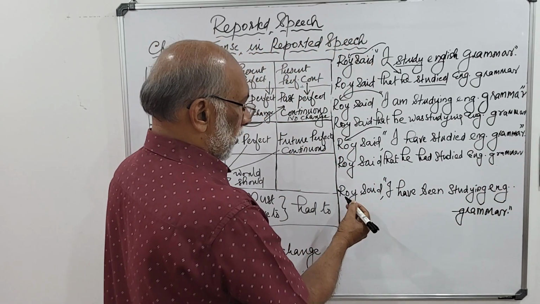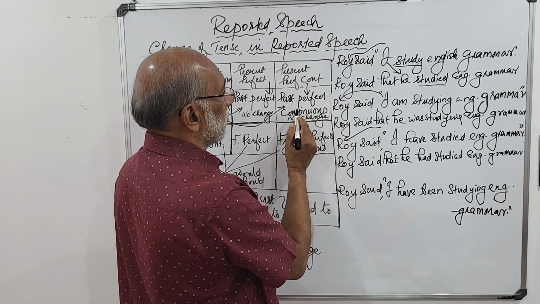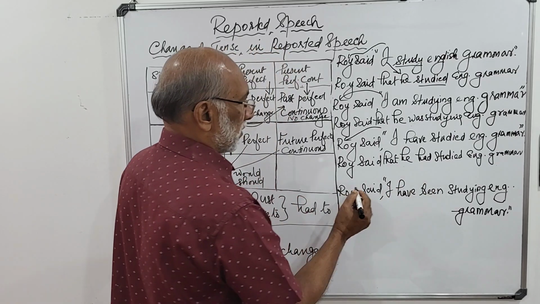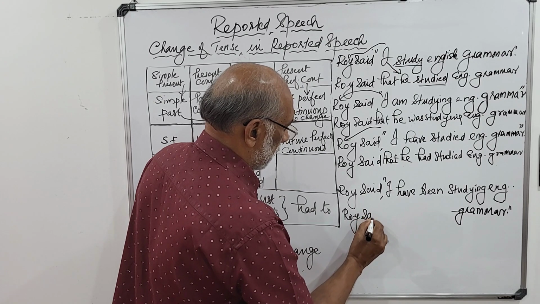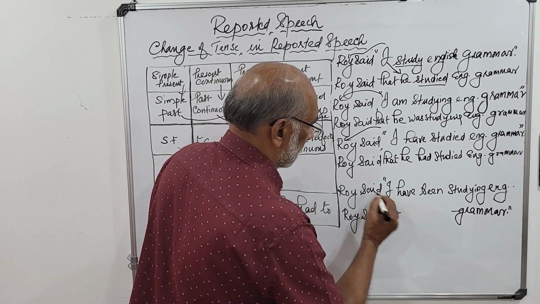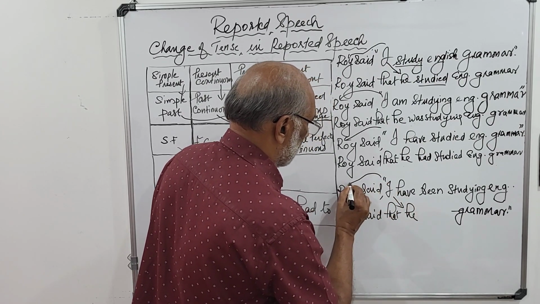And last one, present perfect continuous. Present perfect continuous becomes past perfect continuous. Let's write. Roy said that, again this I becomes he, that he, I refers back to Roy.